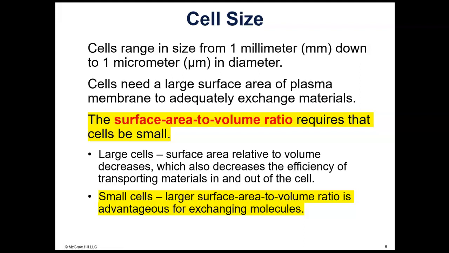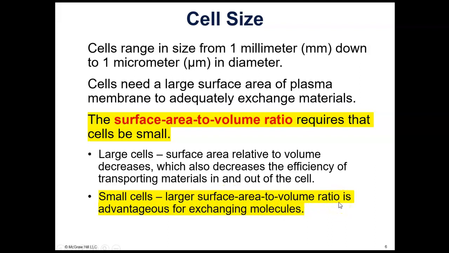And then there is the volume, which is the total amount of space that the cell takes up on the inside. So cells are small because that gives them a larger surface area to volume ratio.